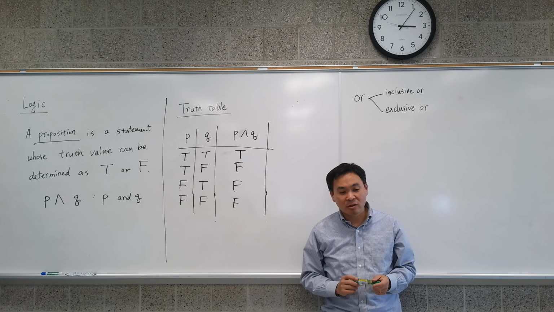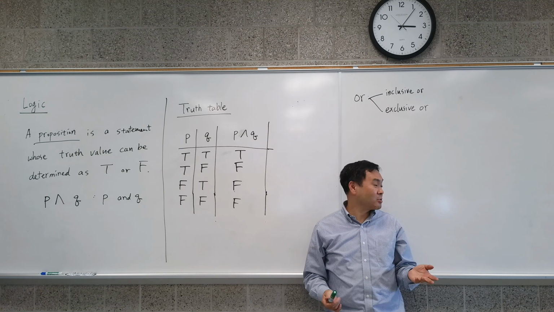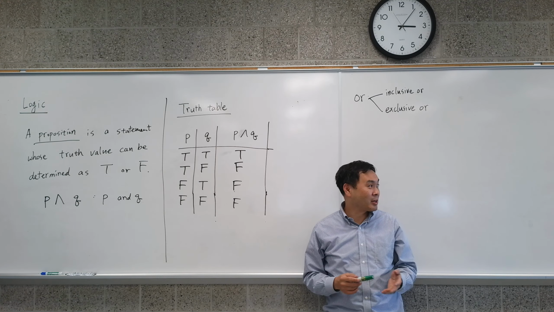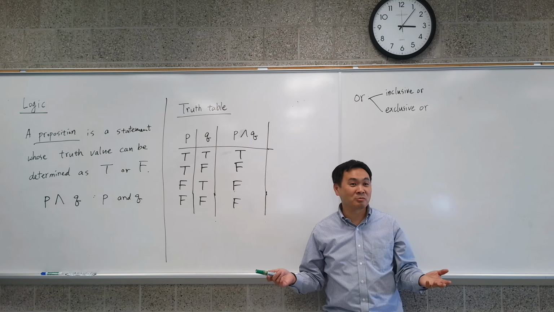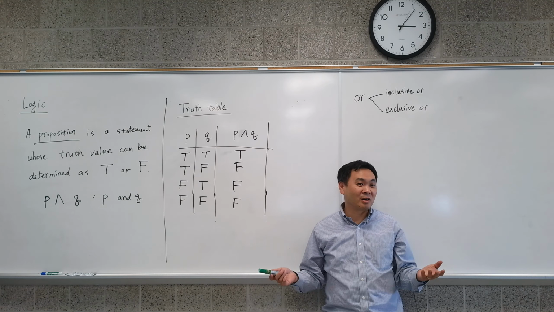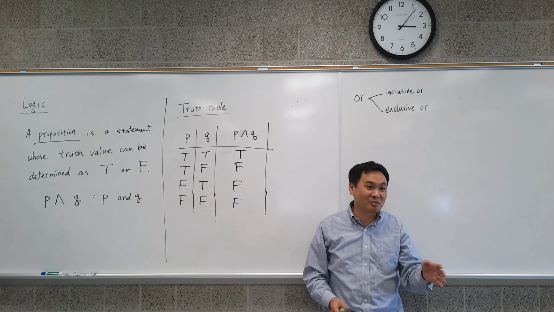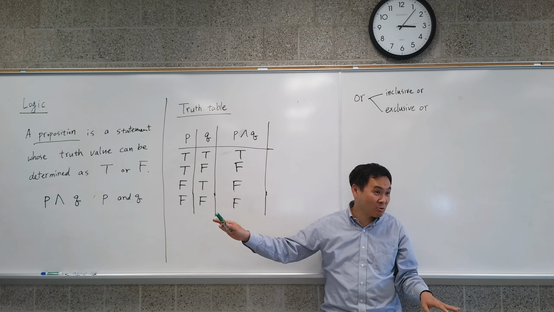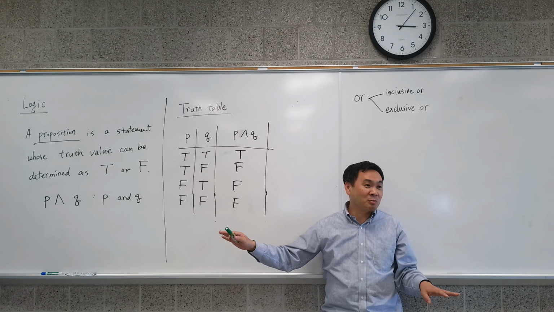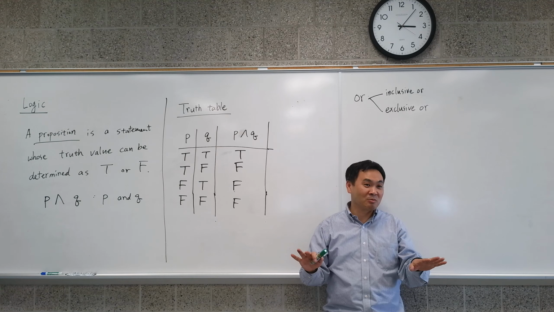Now, however, there are some exclusive ors. So for example, I don't know if your parents ever told this to you, but they might have told you, "Eat your vegetables or go to your room," right? So what does that mean? It's either one of the two, right? You either eat your vegetables and you're fine, okay? Or you don't eat your vegetables and you should be going to your room, okay? Now, would it be possible that you eat your vegetables and then you still get sent to your room?